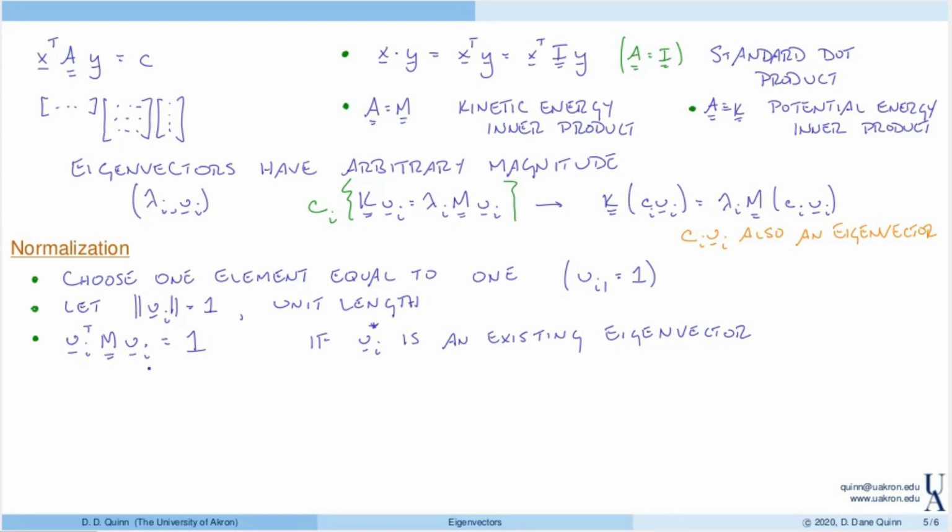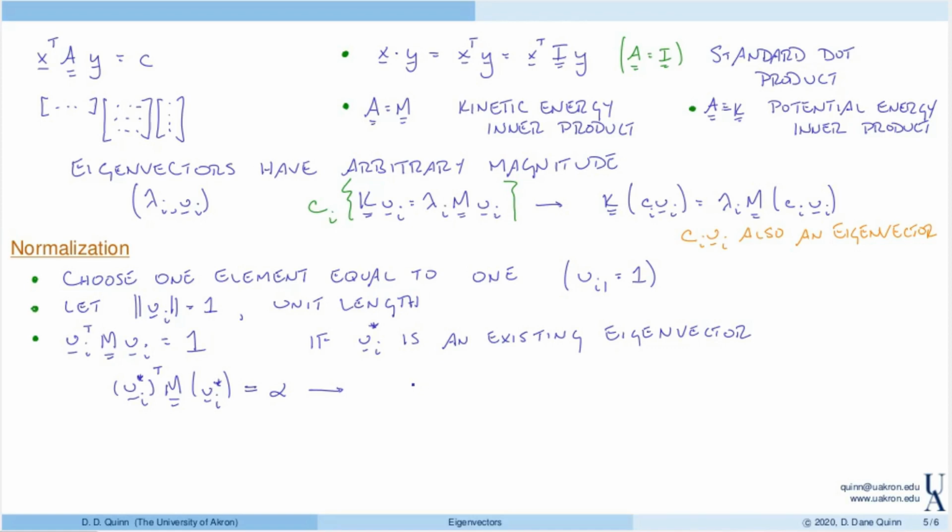So what do we know? Well, we know that u_i star transpose times M times u_i star, we can calculate this. Don't know what it is, but it's going to be some number. Call it alpha.